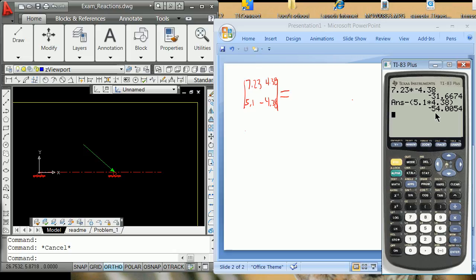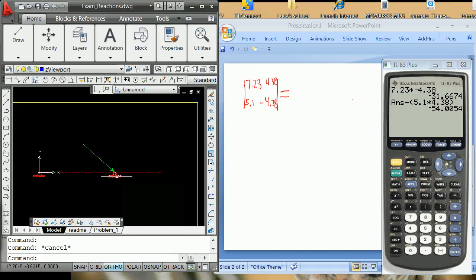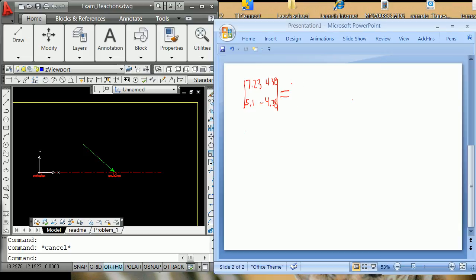It should give us a big negative number, and now you just need to know, going back over here, that the distance between those supports, in other words the reactive force there, is 12.33, so you take this number and you divide it by 12.33. And that gives you the reaction at B. This is going to be, what we said a second ago, minus 54, whatever that number was, divided by 12.